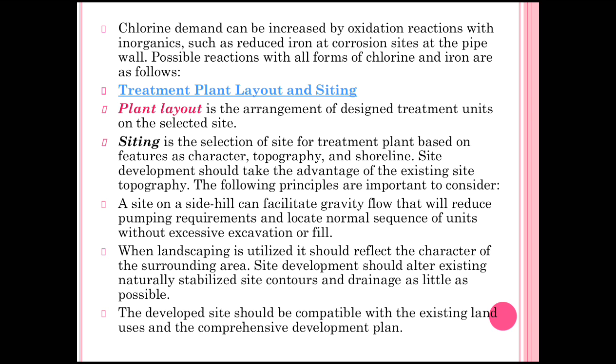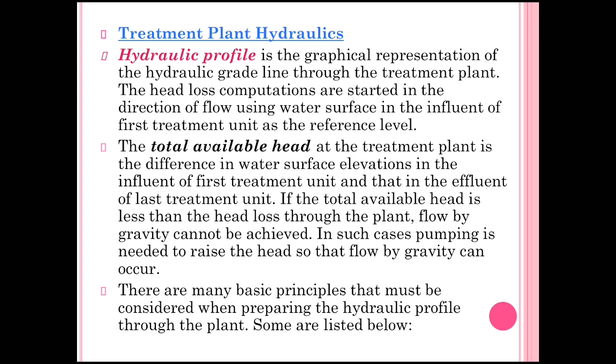The development site should be compatible with existing land use and the comprehensive development plan. These are in general the important, main principles for the consideration of the plant site.